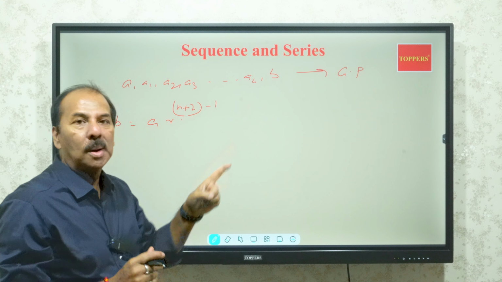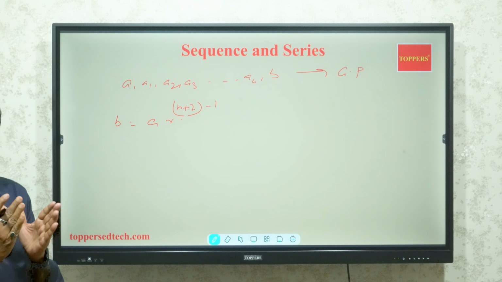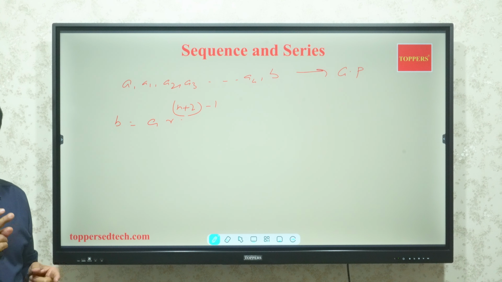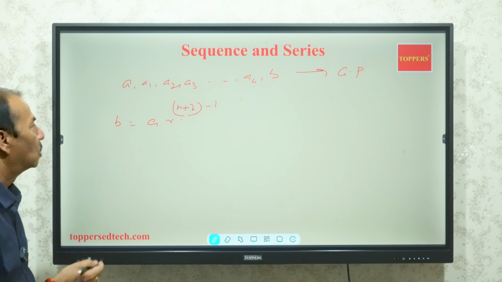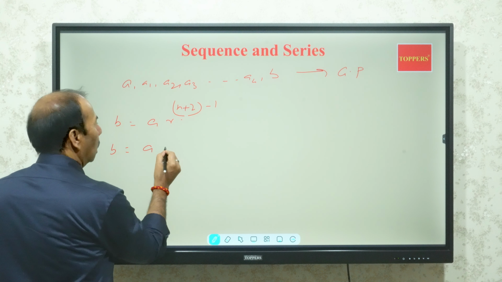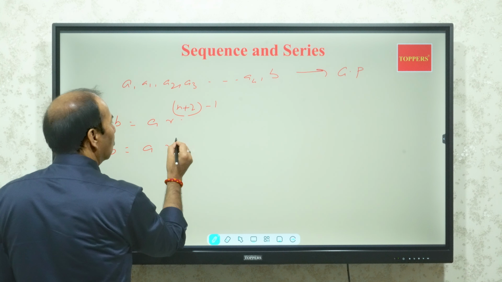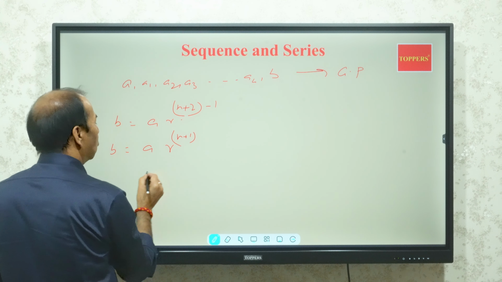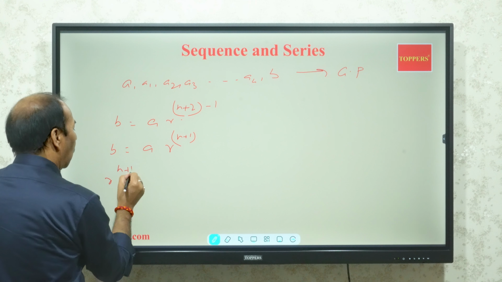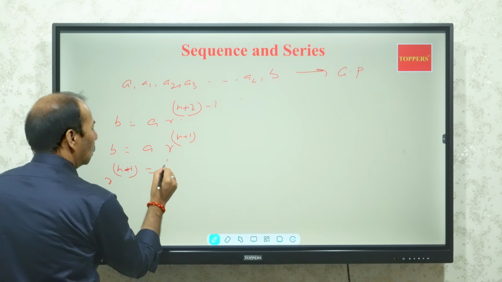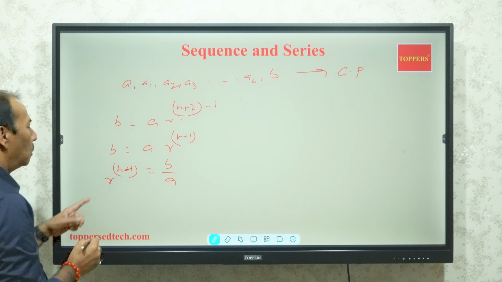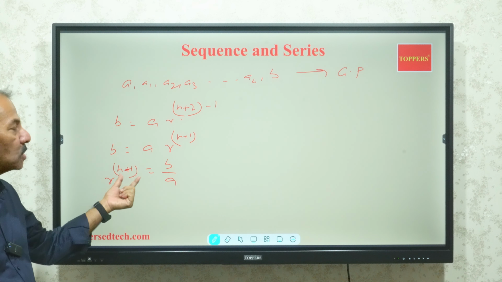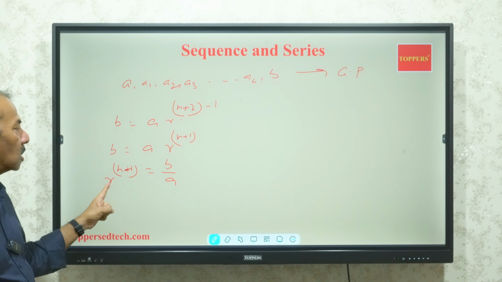Simplifying, B is equal to A R to the power n plus 1, so R to the power n plus 1 is equal to B by A. Once you get this relation, you can calculate the value of R by arranging it.